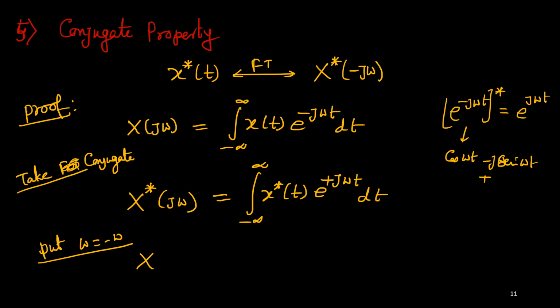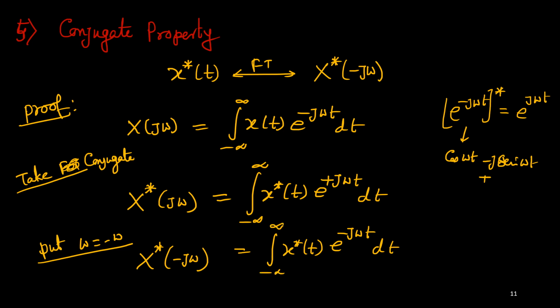So capital X star will become X star of j of minus omega. So this is x star of t, which remains the same, only omega is replaced by minus omega, so it becomes minus j omega t, and dt remains the same.